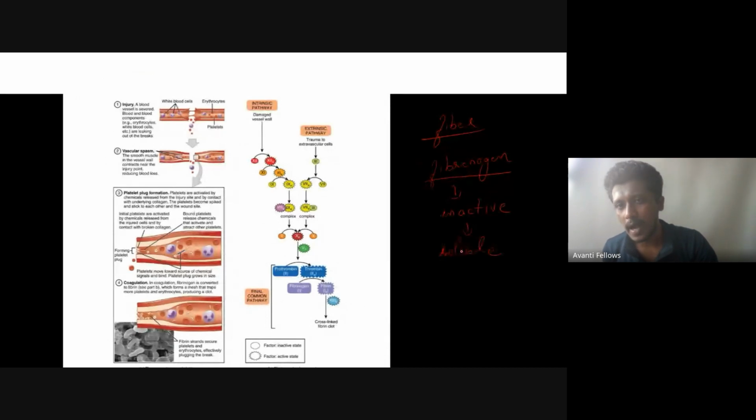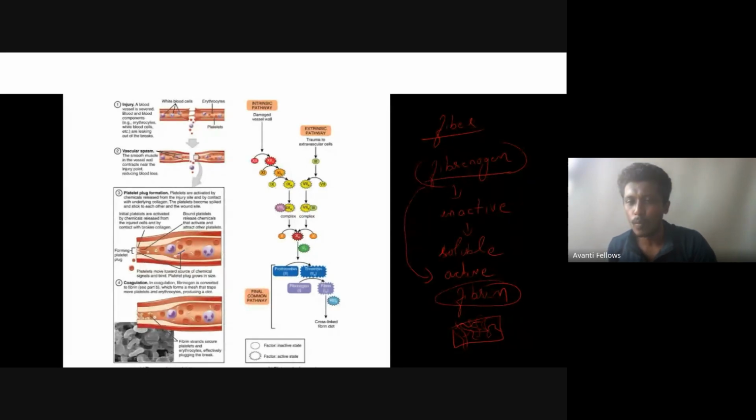This fibrinogen, which is an inactive fiber, has to be converted into active fibrin. This active fibrin is like thread-like structures which integrate together so well like a mesh, so that they completely seal off whatever is injured.